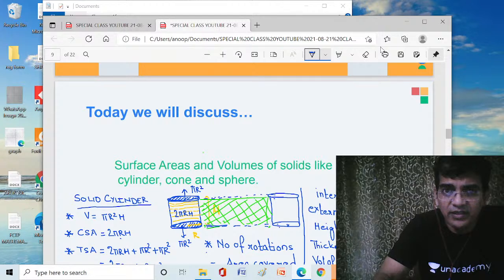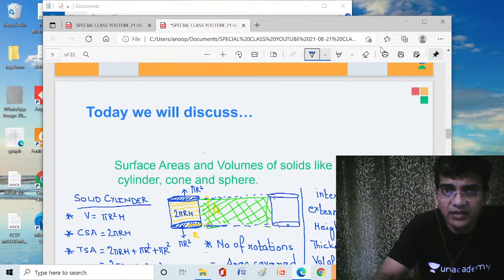What other surfaces does it have? Let me mark it with some other color. One, it has an external curved surface, like this.